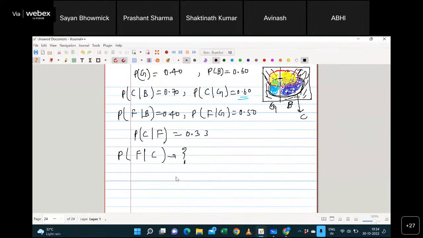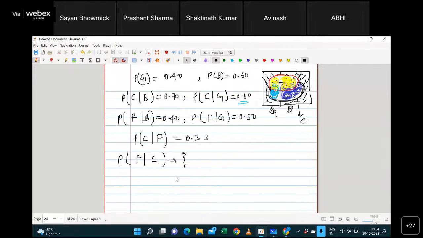So probability of F given C means probability of F intersection C divided by probability of C. Can I say that or not? Yes, sir. And how can I find the probability of F intersection C? Sir, is it 0.33?